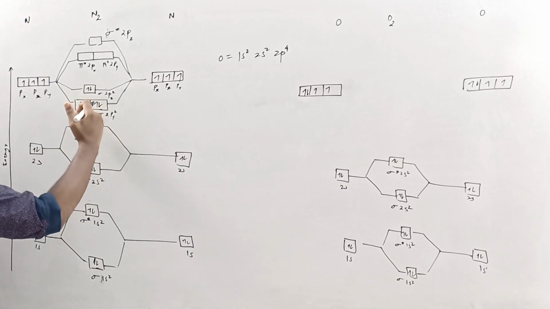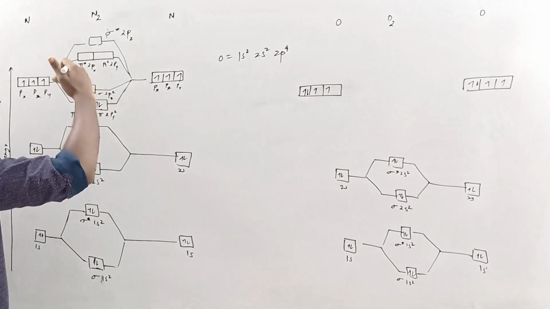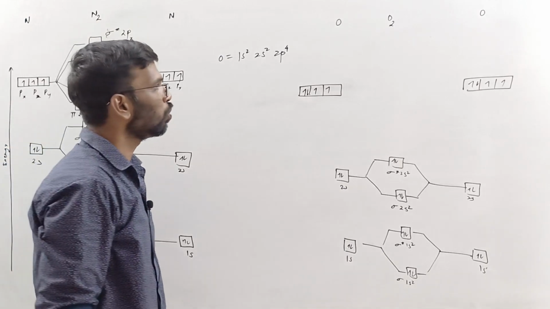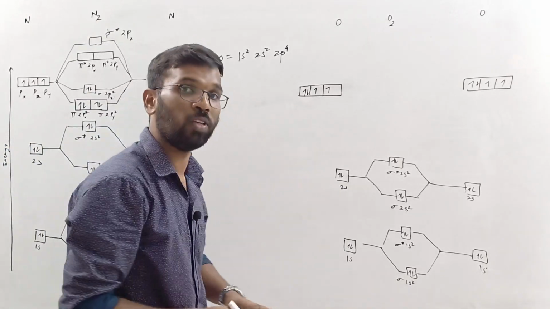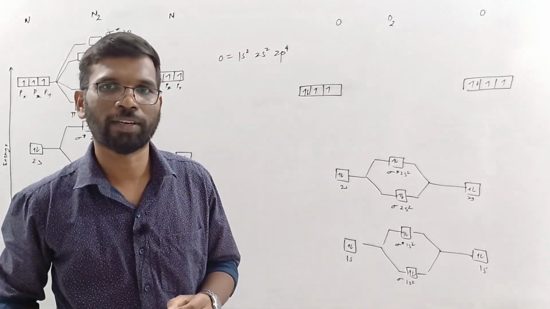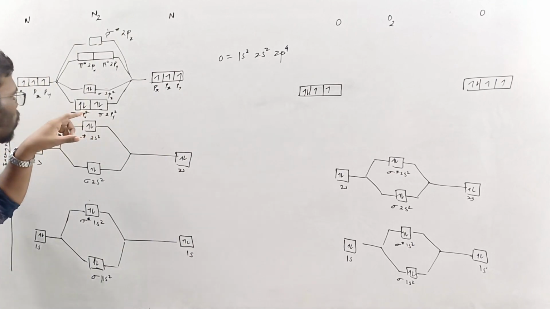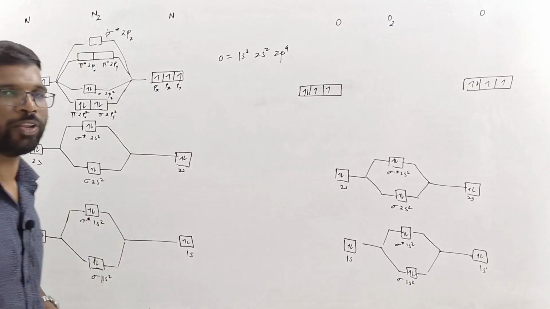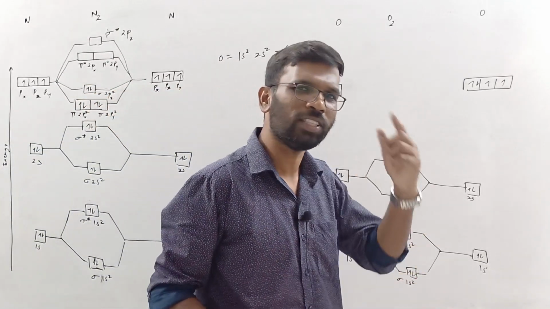Pi bonds I have shown here and sigma bonds on the top, then again pi. For molecules having up to 14 electrons, we make it this way: 2 orbitals down, then 1, 2 orbitals down, then 1, right? For molecules having more than 14 electrons, just remember this trick.